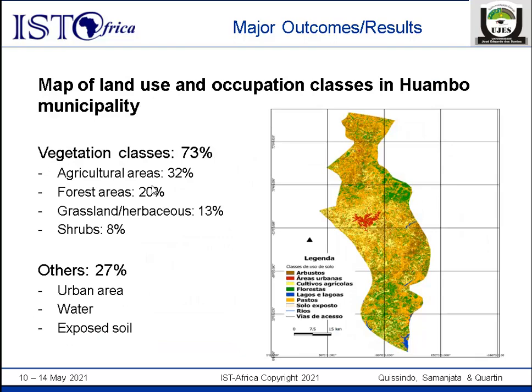About the map of land use and occupation classes in Huambo, we divided this area into two big classes: vegetation classes, which is around 63%, and the other class, like urban area, water, and exposed soil, which is around 27%.